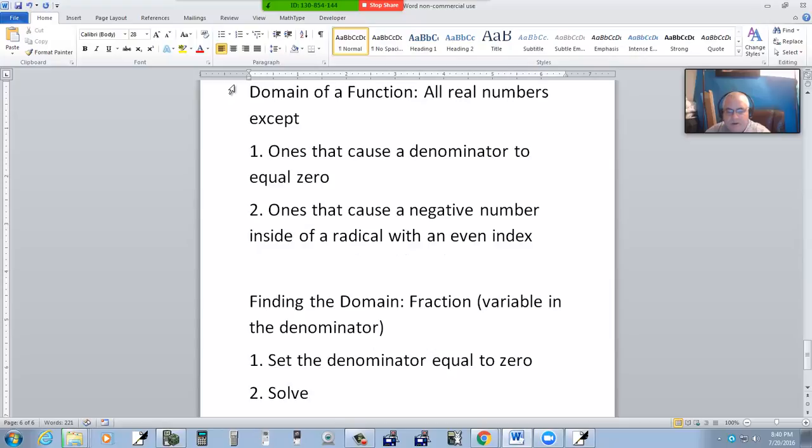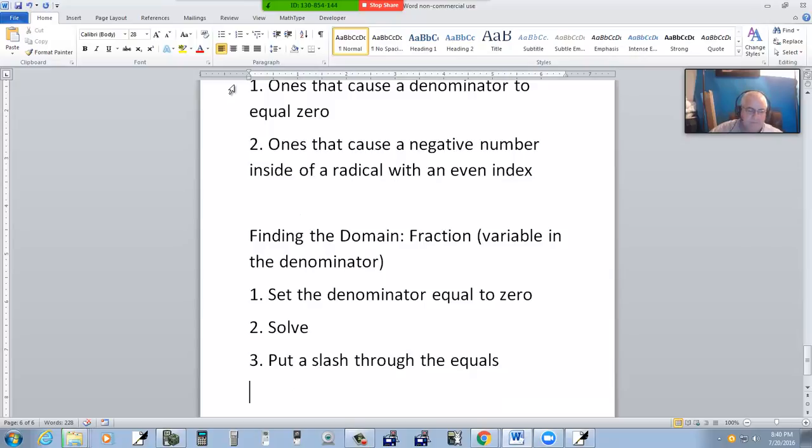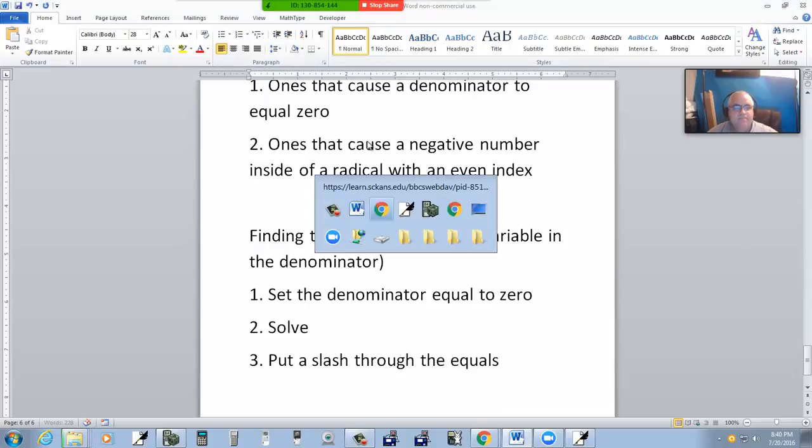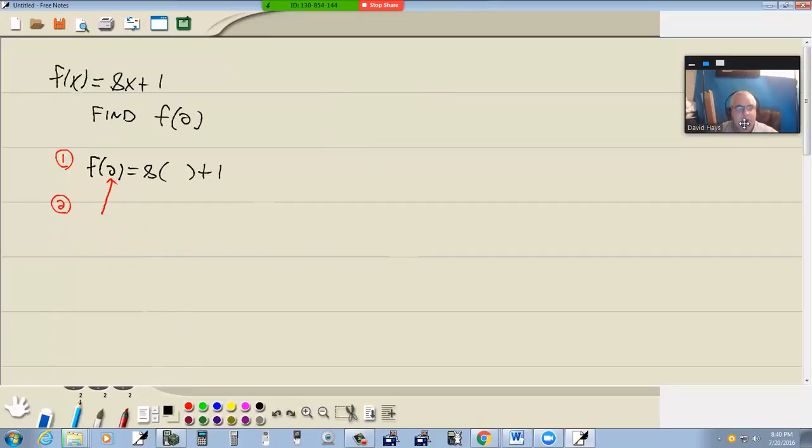Step 2, solve. And step 3, put a slash through the equals. We'll clear those off. Then we'll look at an example.